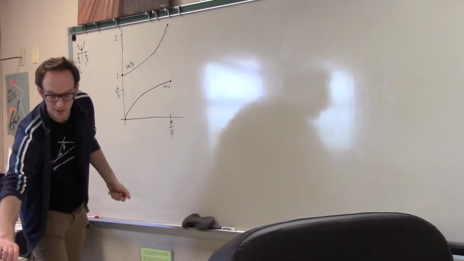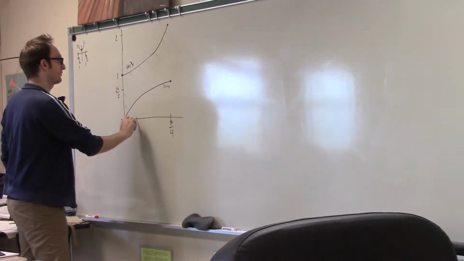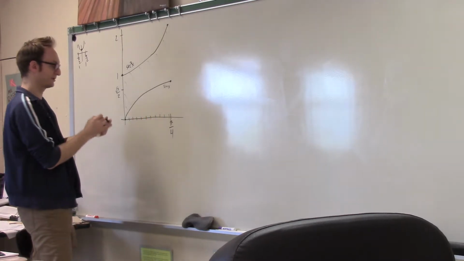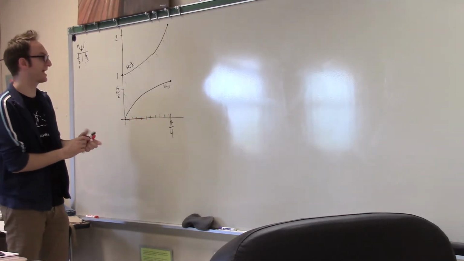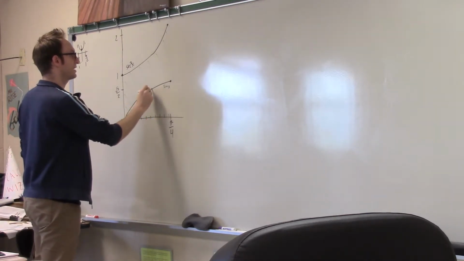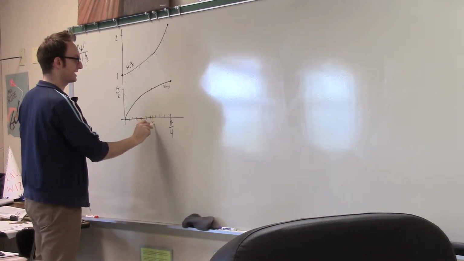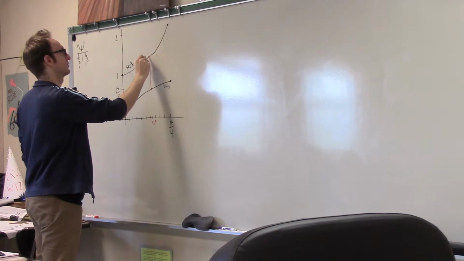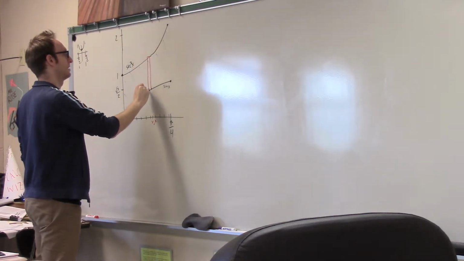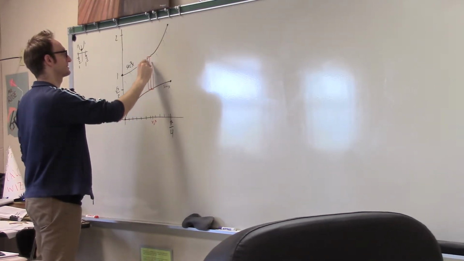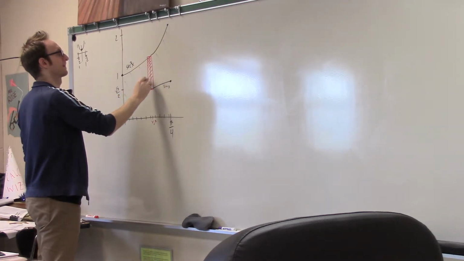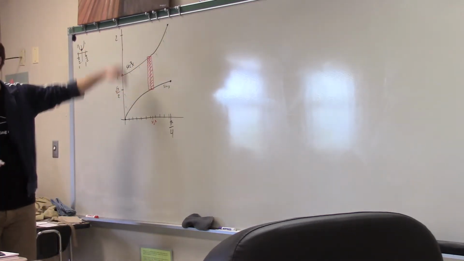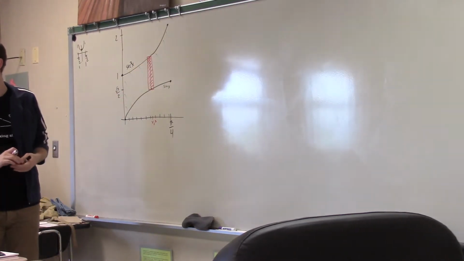So really what we're doing is taking the interval from 0 to pi/4 and partitioning it into a bunch of subintervals. If the sample point is x sub i star, then I'm constructing the rectangle of width delta x and height the difference in the y values of the two functions.